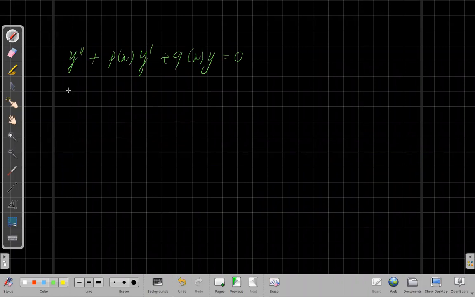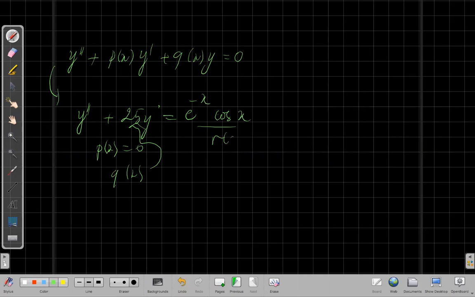Specifically, we have y double prime plus 25 y equal to e to the minus x cosine x. This is a non-homogeneous linear equation, because in this case we can assume p equal to 0, q(x) equal to 25, and r(x) is not 0, so this is non-homogeneous.